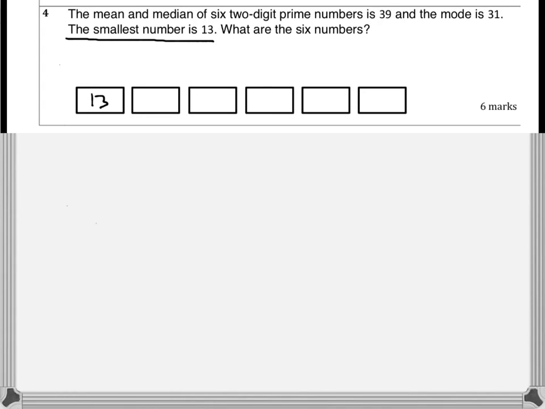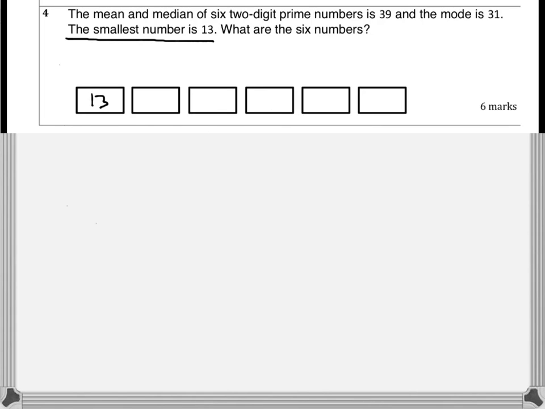Now, this is a problem-solving question. So, reading the information carefully, we're going to try and figure out a list of 6 numbers, a set of data. So the mean and median of 6 two-digit prime numbers. So each number has 2 digits.